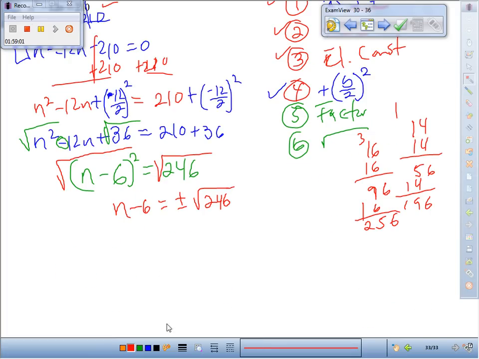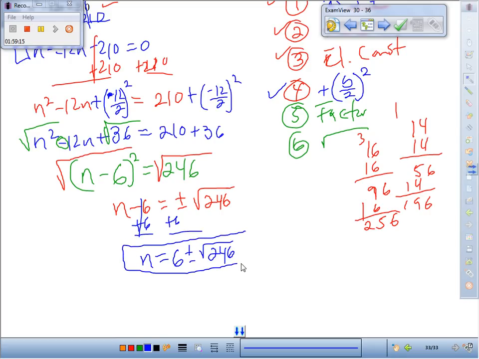From here, all we have to do is solve for n. What do we do? Add 6. n equals 6 plus minus square root of 246, and this will be your answer. We're done. When it's not a perfect square, you can leave it in root form so that it's simplified up to right there.